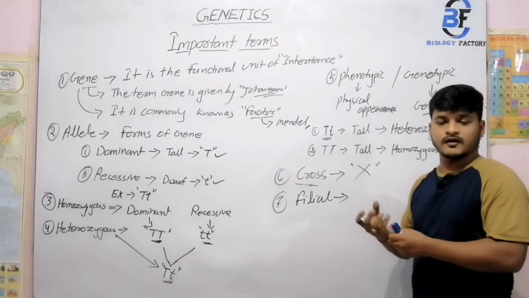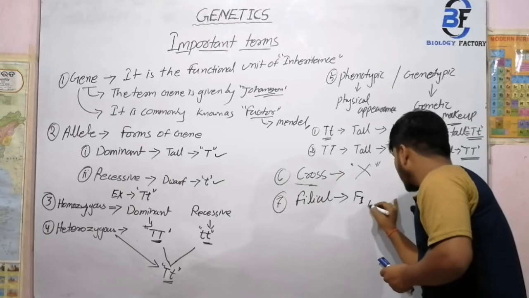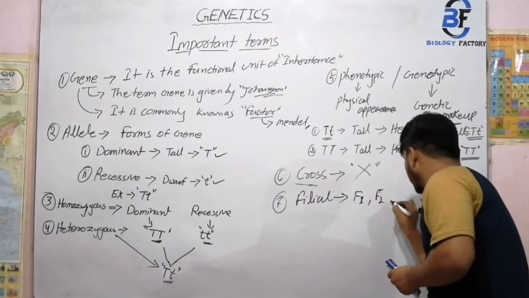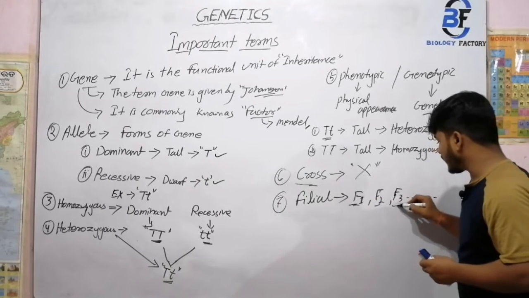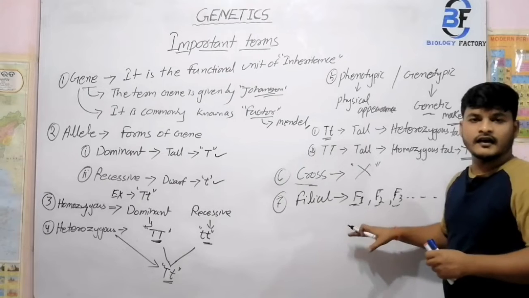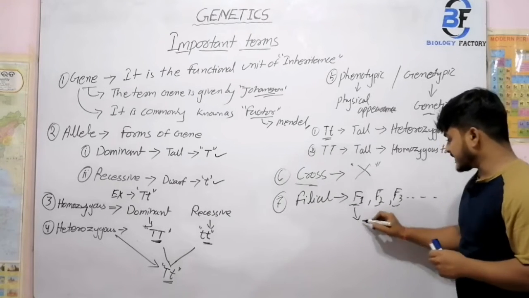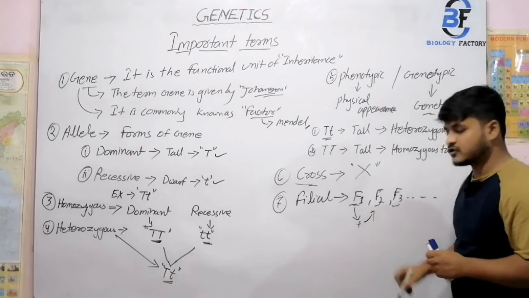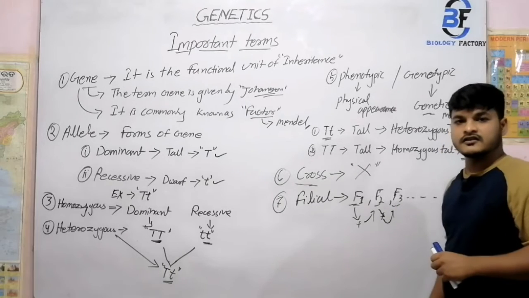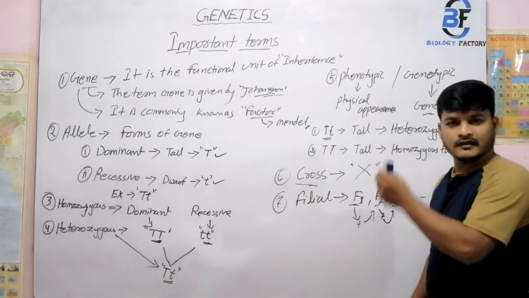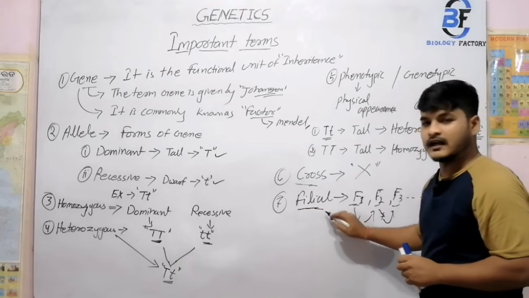Later on we discuss what F1 and F2 are. So we write F1, F2, F3, which are the resultants of a generation. F1 is otherwise known as the filial of the first generation. Next, it is again crossed and forms the filial of the second generation. Then crossing takes place again, and the resultant forms the filial of the third generation. So these resultant products are known as filial.